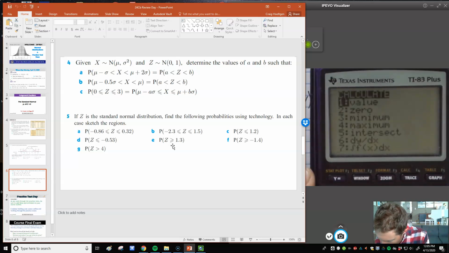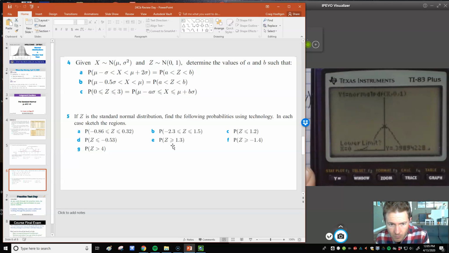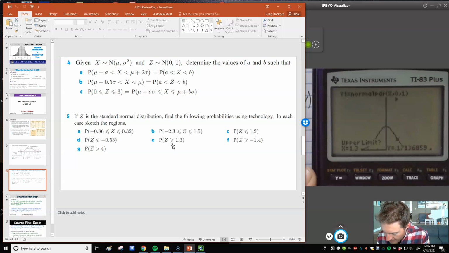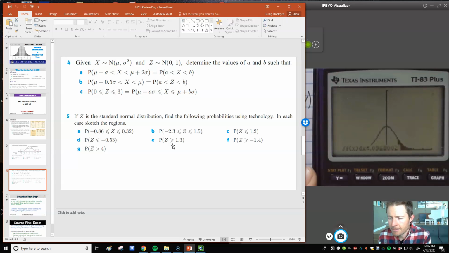Second calc, integrate. 1.3 is my lower bound. And now the max of my window is 5, so I'm just going to put 5. Again, that's okay because it's way beyond this many standard deviations. Okay, so that probability there you see is 0.097.